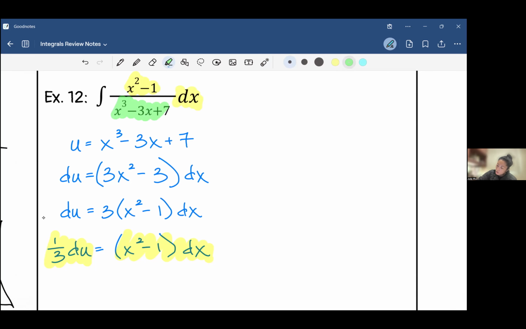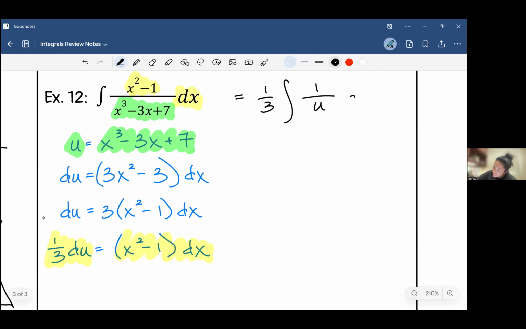And x cubed minus 3x plus 7 can be replaced with u. I'm going to go ahead and pull that 1/3 straight out to the front so we don't have to worry about it later. The integral of 1 over u du.